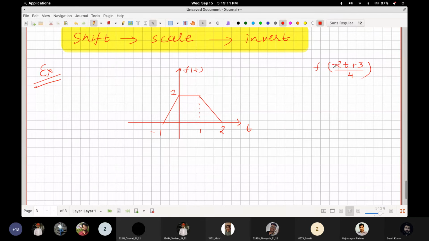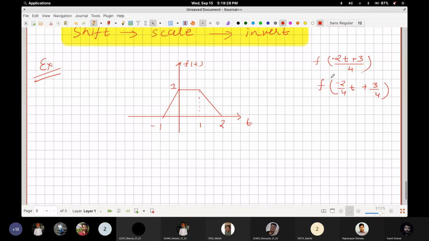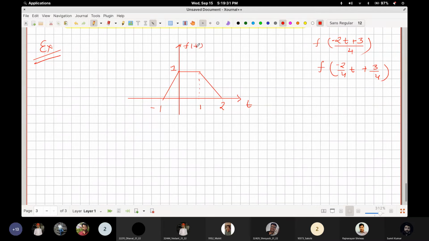So if I have to get f of minus 2t plus 3, as I told you before, I can get it in two ways. I will do it like this, minus 2/4 into t plus 3/4. First I will shift, so I'm going to replace t with t plus 3/4. I'm going to shift only.